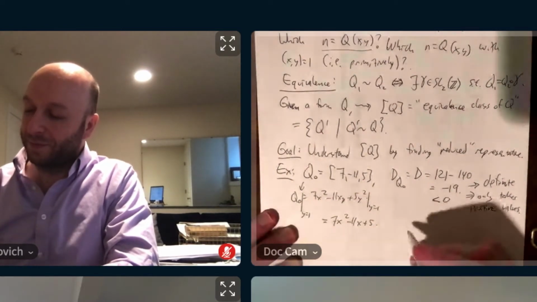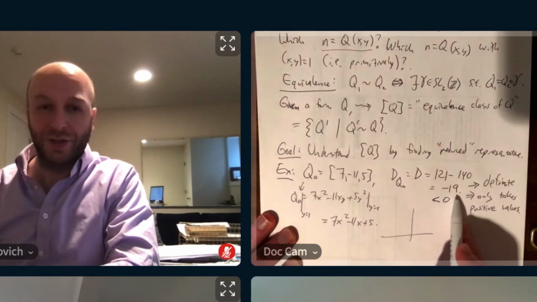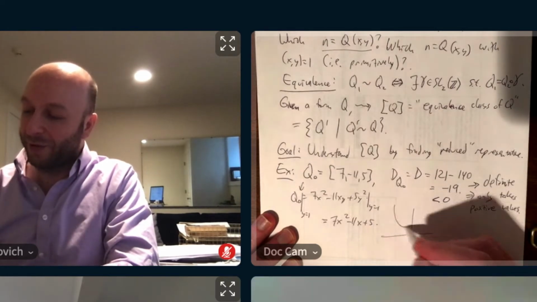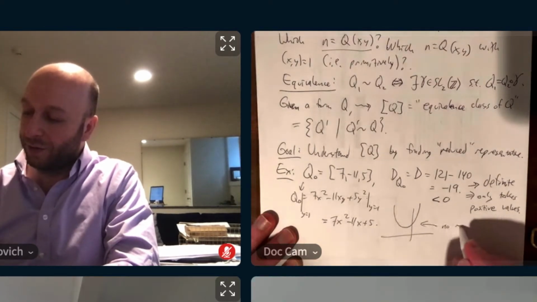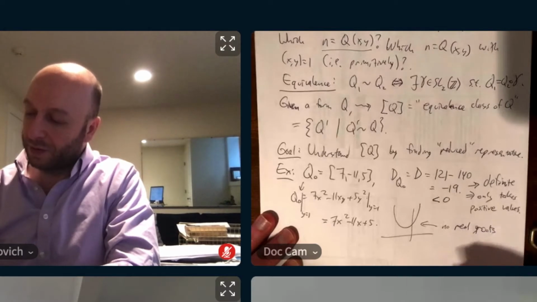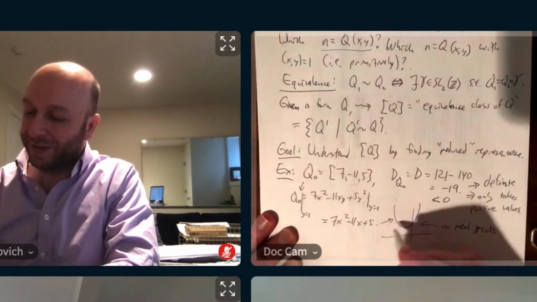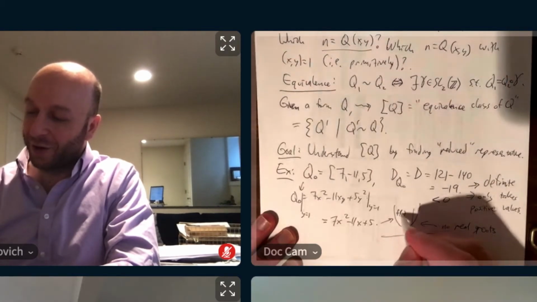We know that the parabola does not cross the x-axis. That's what the discriminant being negative means. So no real roots. This is the graph of f of x equals, I guess I could call it q of x1.